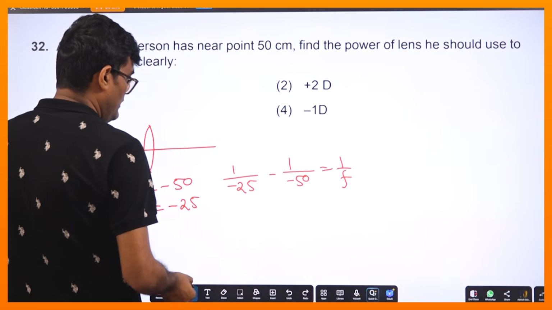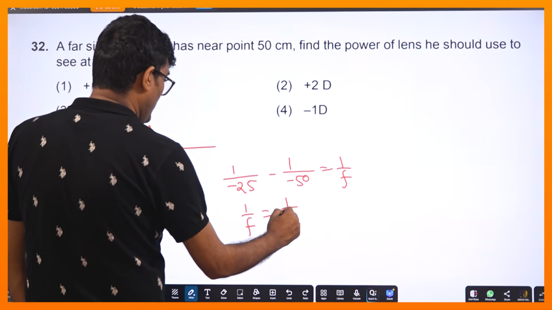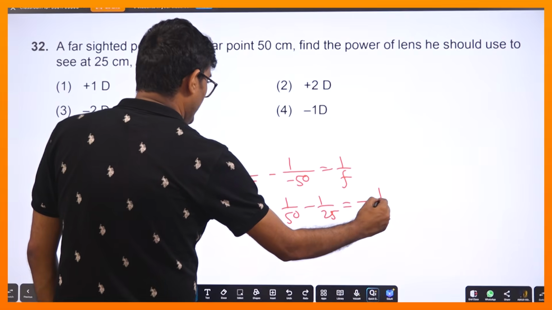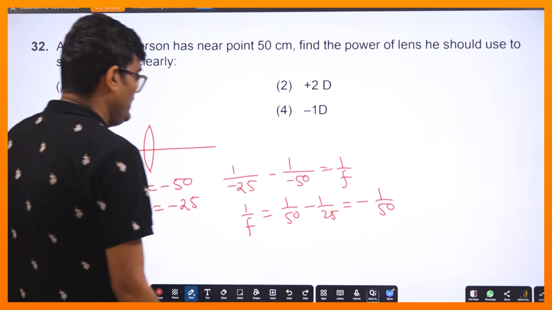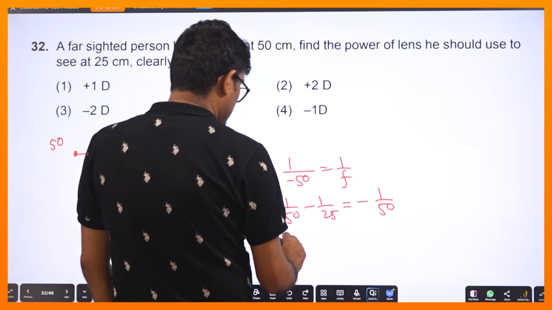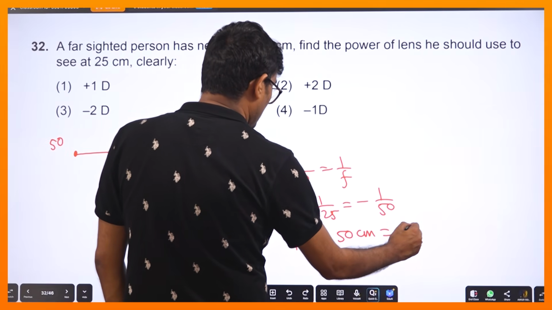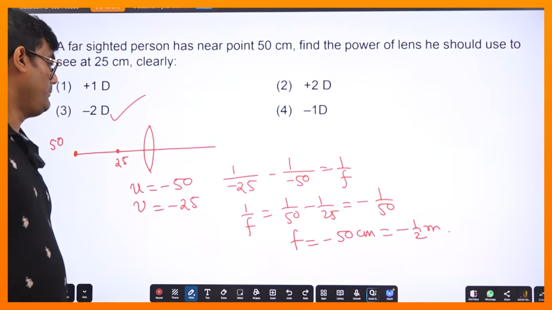That is my power. So 1 by f equals 1 by 50 minus 1 by 25, so it is minus 1 by 50, if it is in centimeter. So focal length is equal to minus 50 centimeter, which is minus half meter.